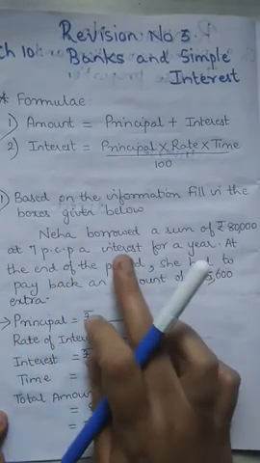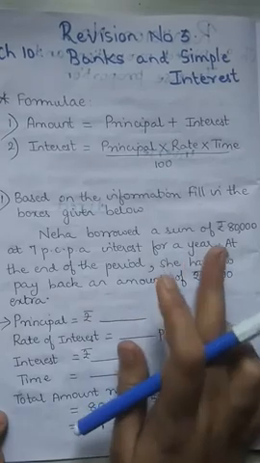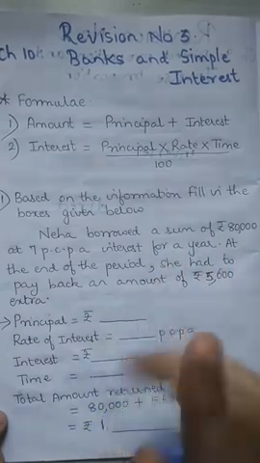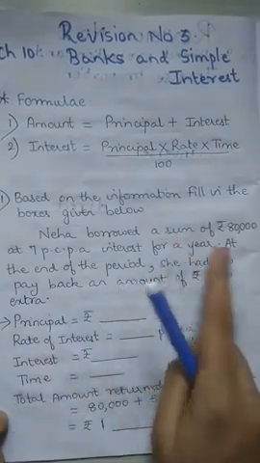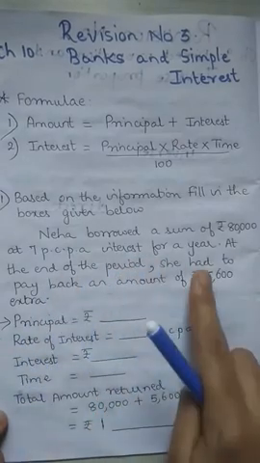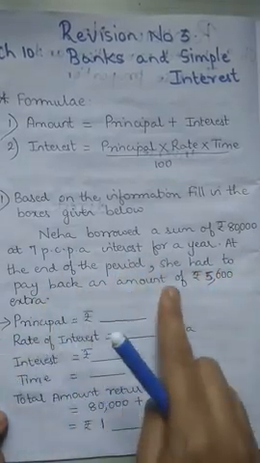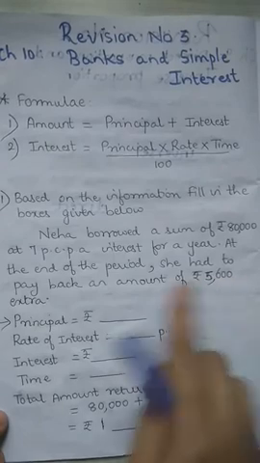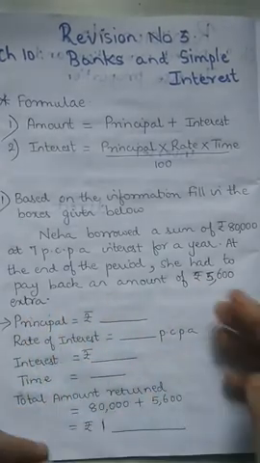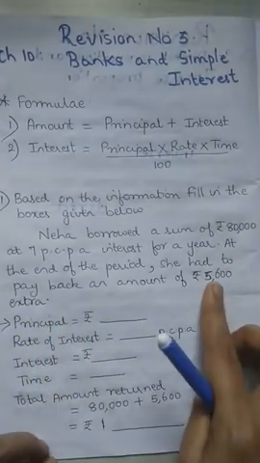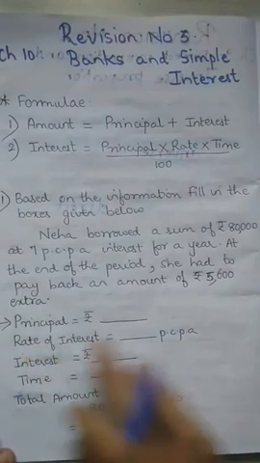For a year means 1 year. At the end of the period, she had to pay back an extra amount of 5,600. Extra means that becomes my interest. So you have to fill in the blanks.